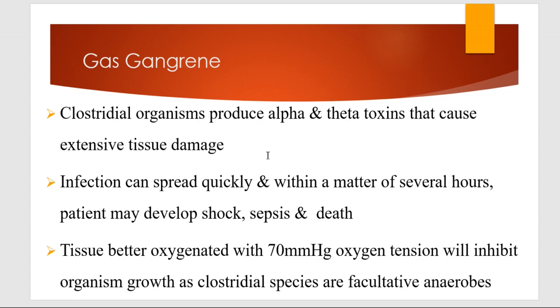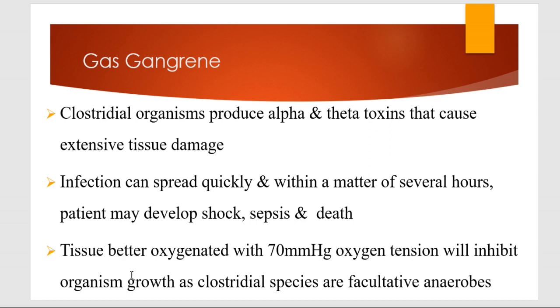They produce other toxins also, but alpha and theta toxins cause extensive tissue damage, and infection can spread very quickly within a matter of hours only, and finally the patient may develop shock, sepsis, and yes, if not treated, death also.